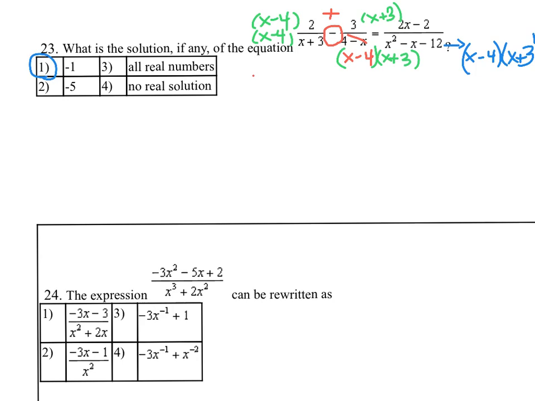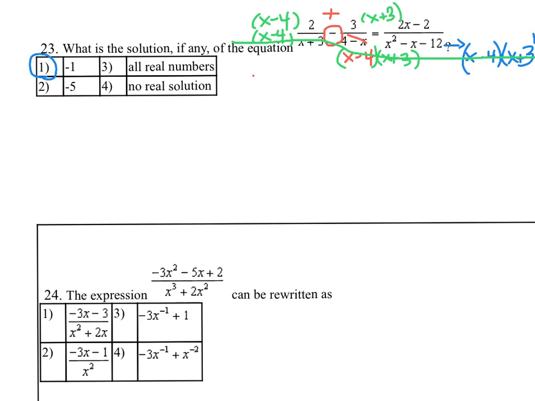Now, as ugly and as messy as that looks, you can see that I have (x minus 4)(x plus 3), (x minus 4)(x plus 3), (x minus 4)(x plus 3), in all the denominators, so I just found a common denominator. So the next step, if you recall, is just to take those denominators and say, see you later. So let's look at what I have left.